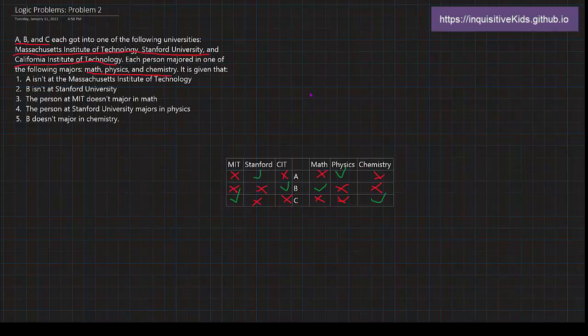So our final table looks like this, and if you need to write about who goes to which school and majors in which major, then you know that because you made this table right here. In our next problem, we will be learning about how to solve logic problems that had some information that are false.